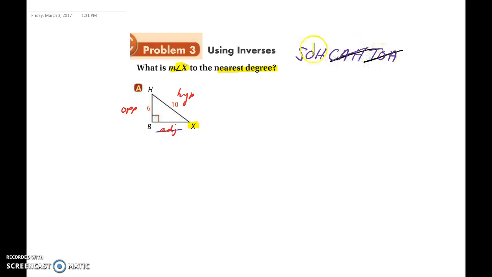So we are going to use sine. Sine of angle X is equal to our opposite over our hypotenuse, so sine of angle X is equal to 6 over 10, which reduces to sine of X is equal to 3 over 5.